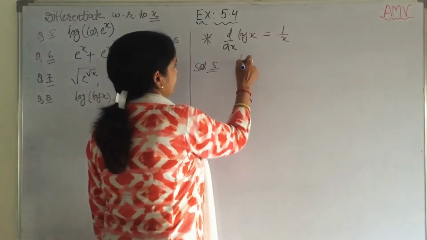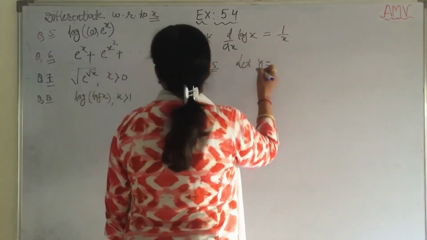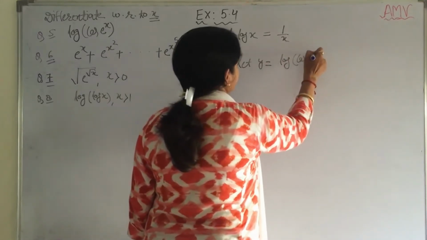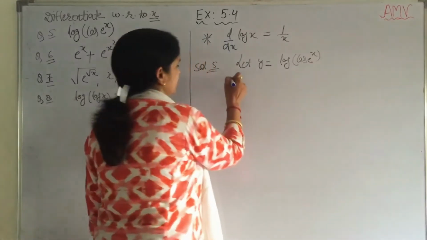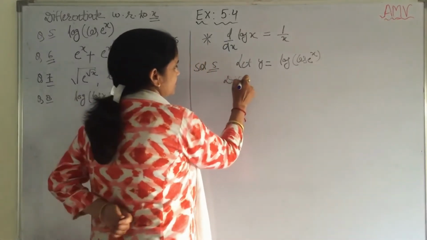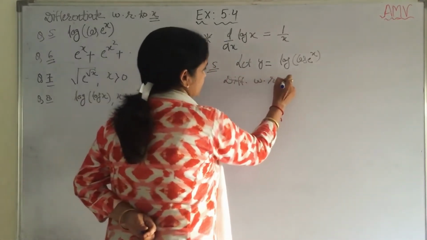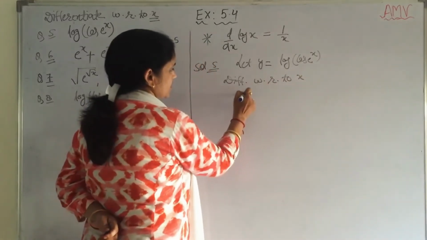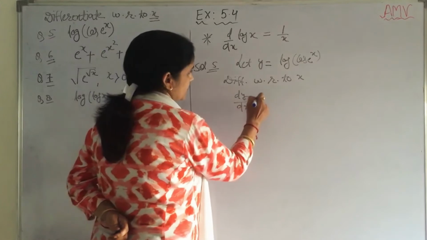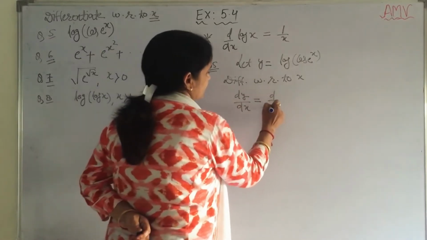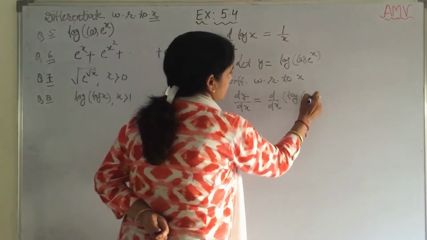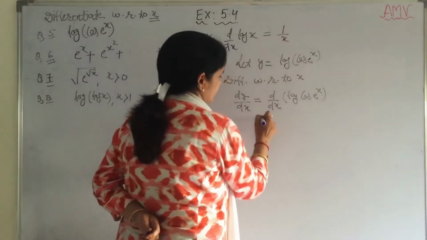Here let y is equal to log cos e raised to x. Differentiating with respect to x, here it would be dy by dx, and here d by dx of log cos e raised to x.